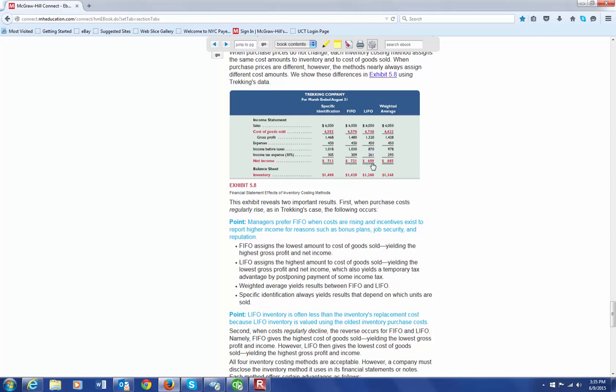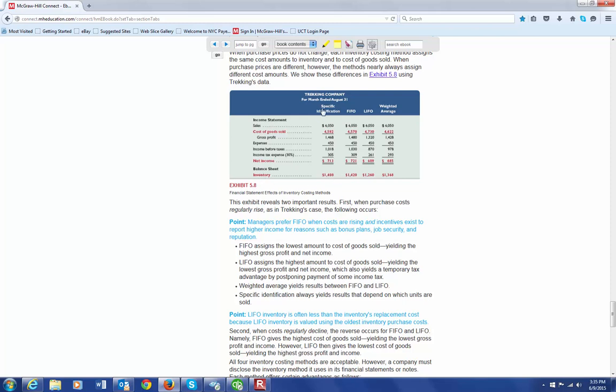And as a company, even though you want to pay less money in tax, you also want to look very profitable for your stockholders. So sometimes companies would rather see a higher net income even if it cost them more money in tax. Now, the other side of this is, what do you have left in your inventory? And that goes on the balance sheet.